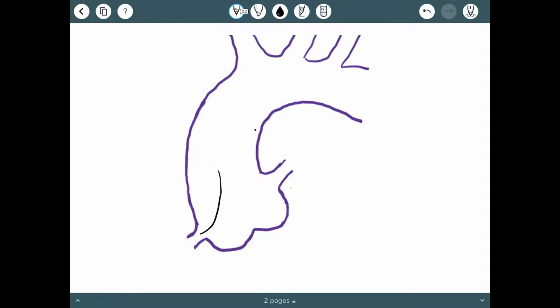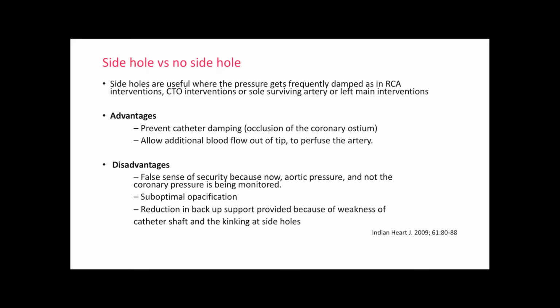So there is a possibility that whenever you intubate it, you are likely to touch the wall of the ostia, and the result is that there will be dampening of the pressures. To prevent it, if you put a side hole here, then obviously it will reflect the pressure in the aorta, so you will not have that damping.